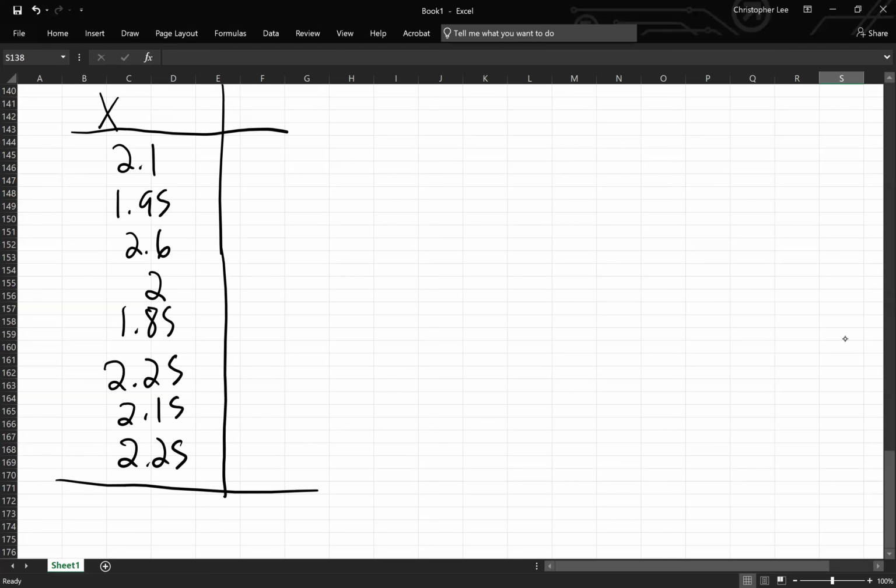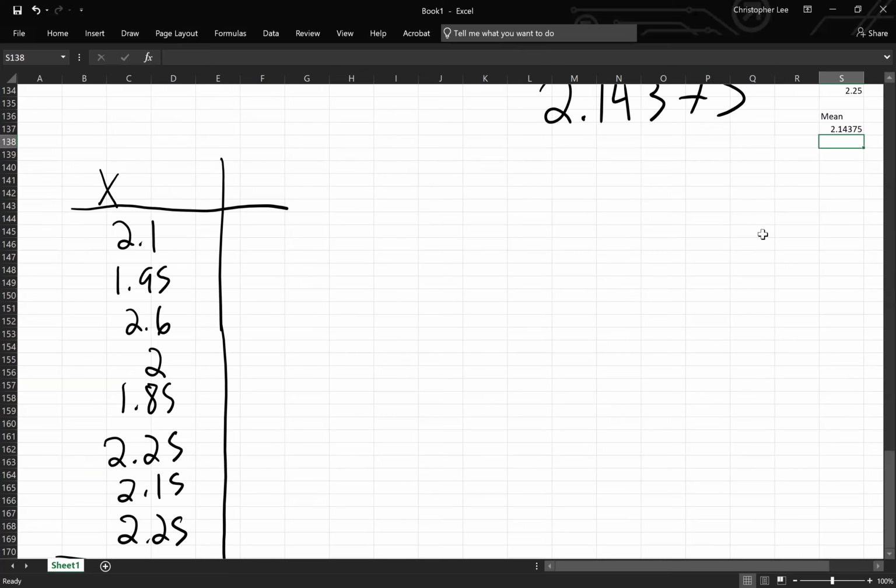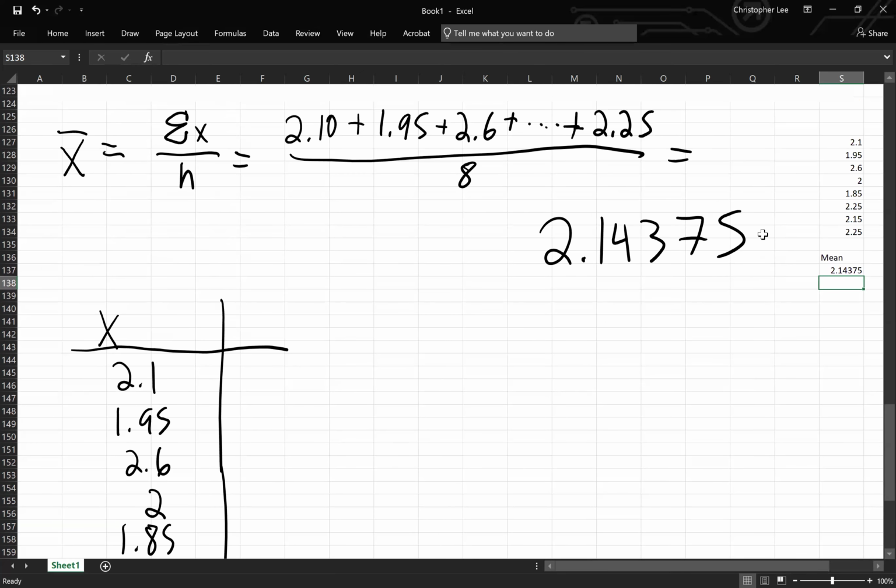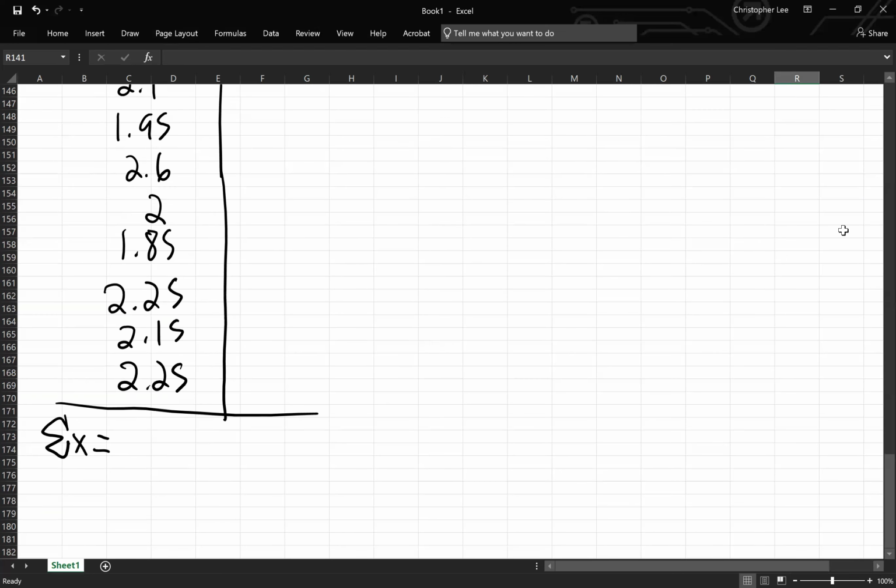After that, what do you want to do? You want to sum x, you want to add up all of these numbers, right? So when I add up all these numbers, what do I get? 17.5.